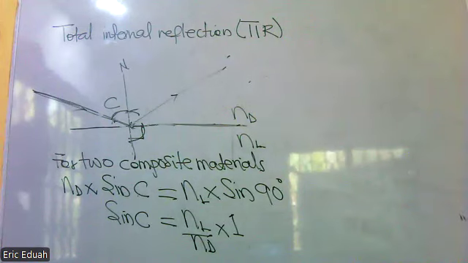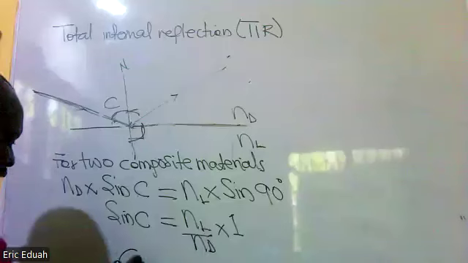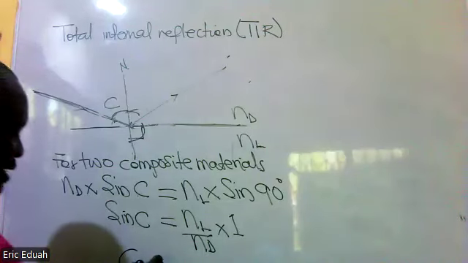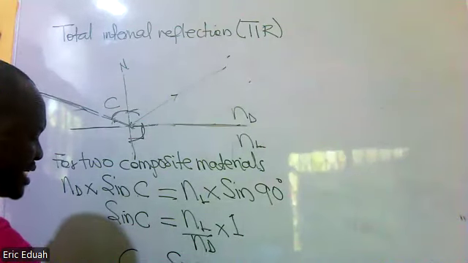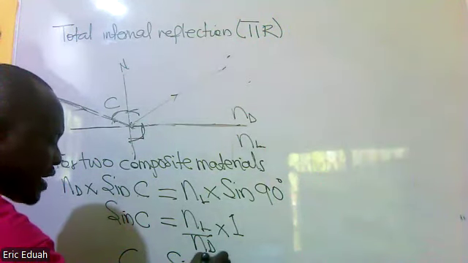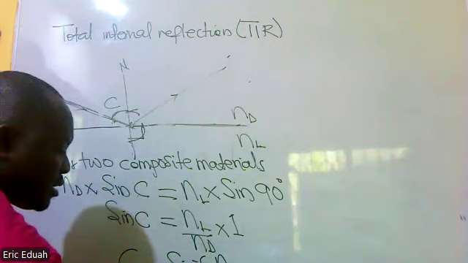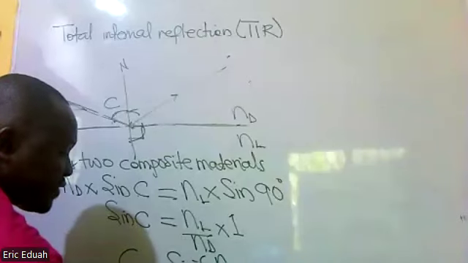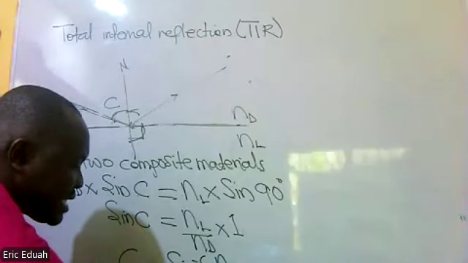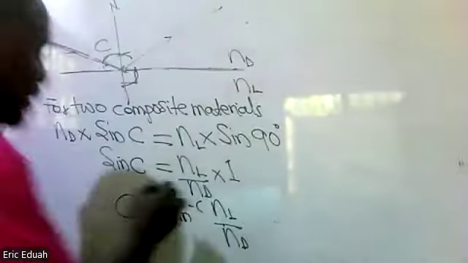Therefore, C is equal to the sine inverse of the ratio of the refractive index of the less dense and the refractive index of the more dense material.